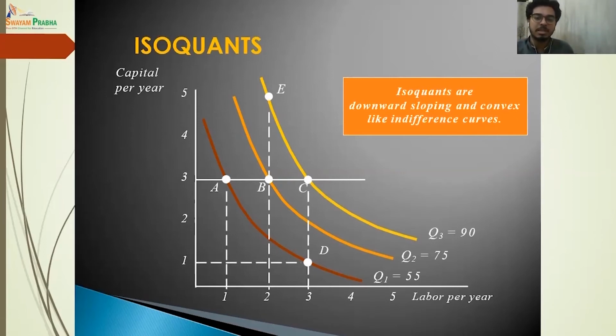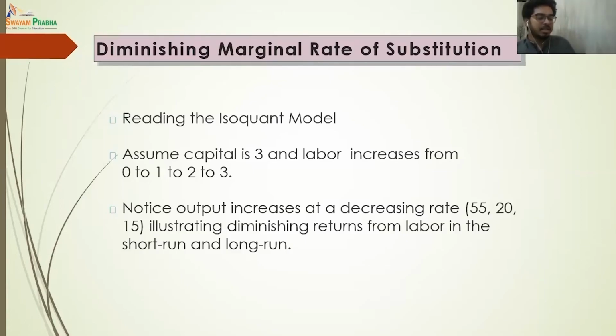So this is diminishing marginal return, where the marginal return, the additional output I am getting from an extra unit of labor for each and every recruitment, is gradually decreasing. So that is known as diminishing marginal rate of substitution.